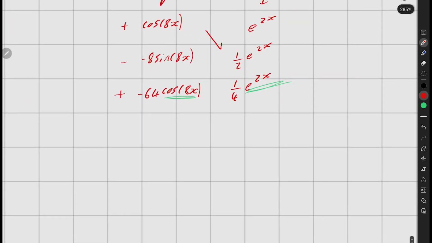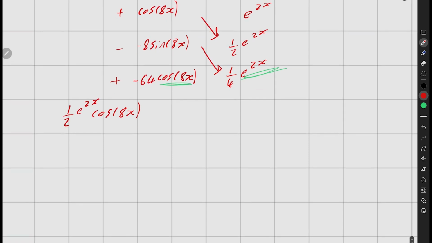So we're going to multiply down again. That's going to be half e to the 2x cos of 8x. Minus 8 sine of 8x is going to become positive. That's going to be 8 over 4 e to the 2x sine of 8x.